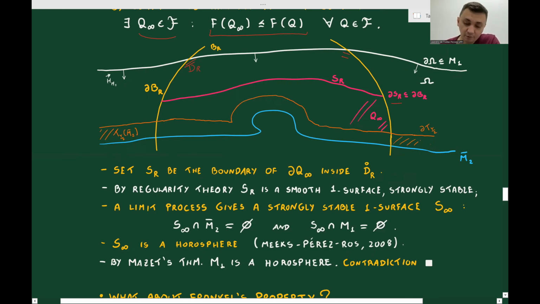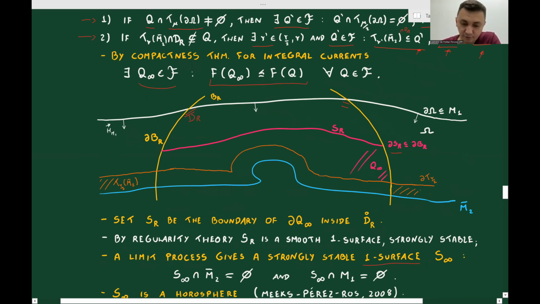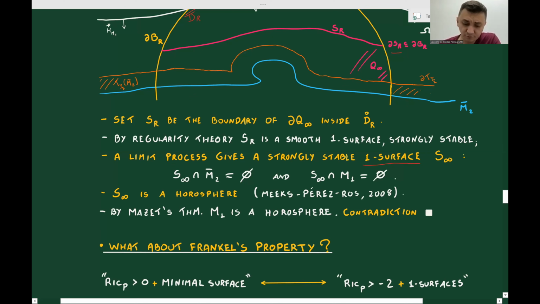Okay. So now I just do a limit process to obtain a strongly stable one surface, which will also be complete. Because of the observations that I put here, we can deduce that after this limit process, we obtain a surface S infinite which does not intersect the closure of M2 and also does not intersect M1.